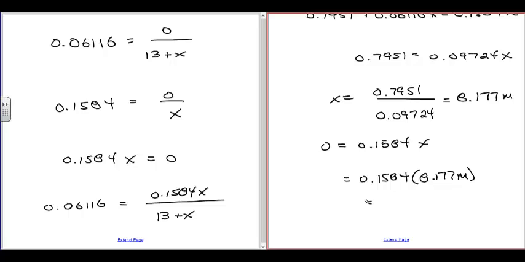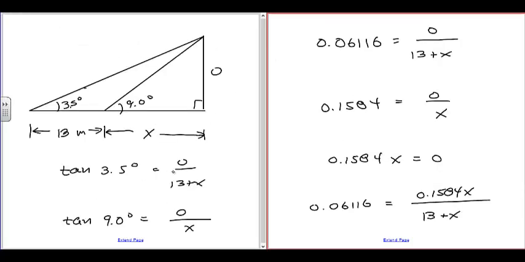So we get O is equal to 1.295 miles, and there are 5,280 feet per mile. So we multiply by 5,280 feet per mile, which gives 6,839 feet.